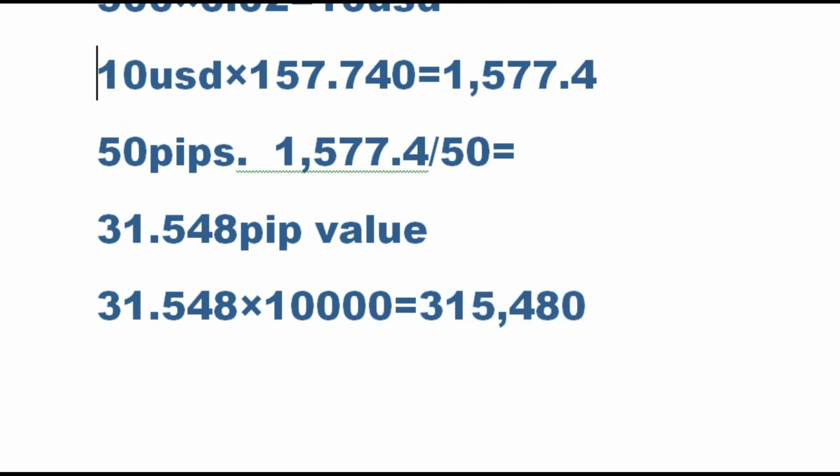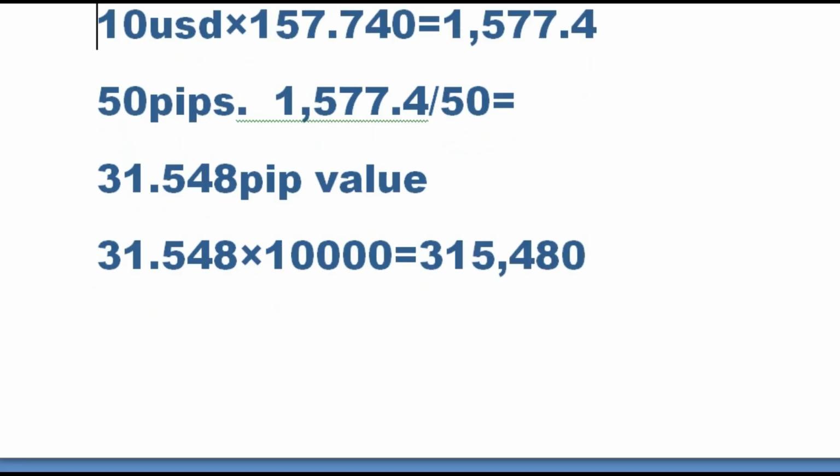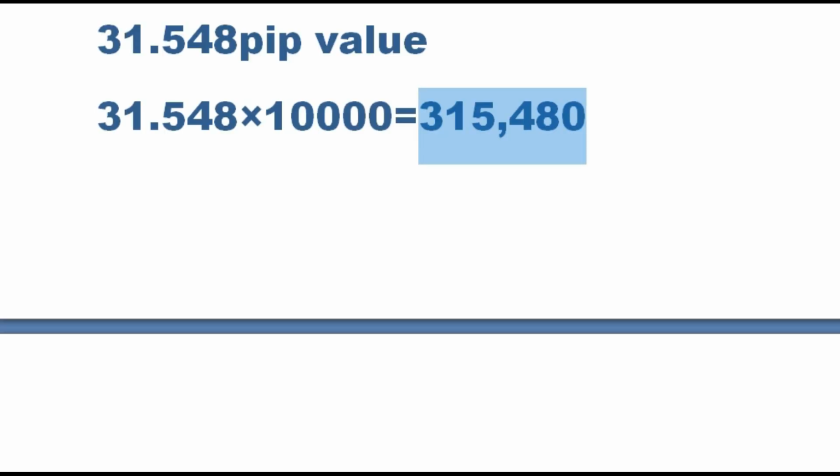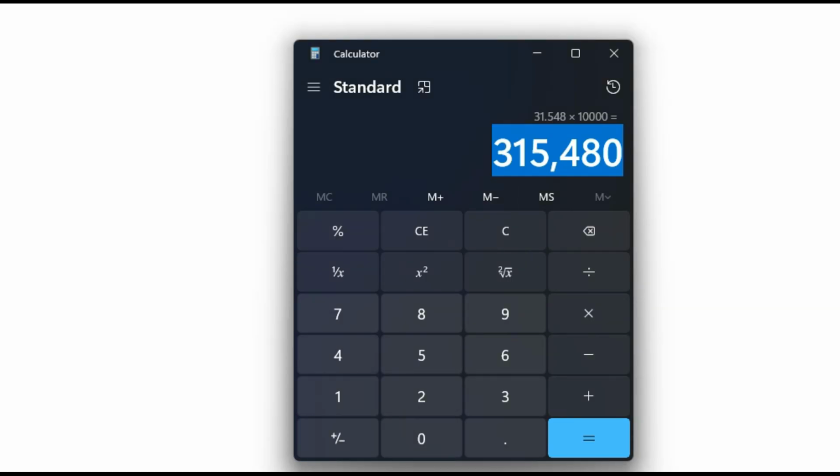So let us calculate the right lot size to put into the trading platform. This value is the position size.